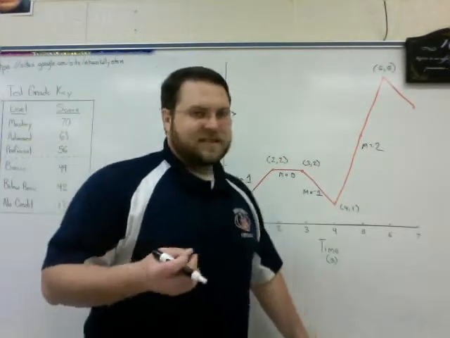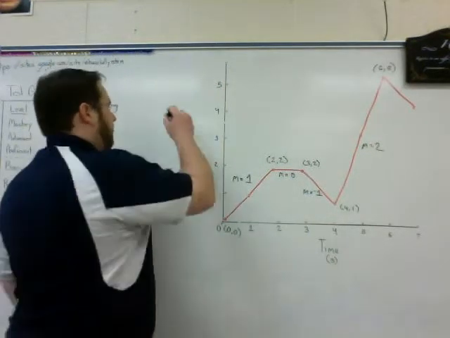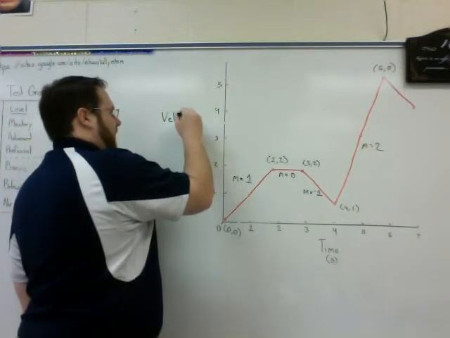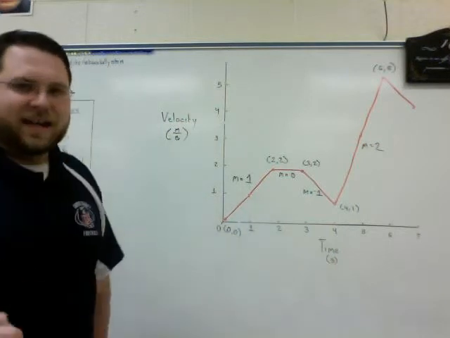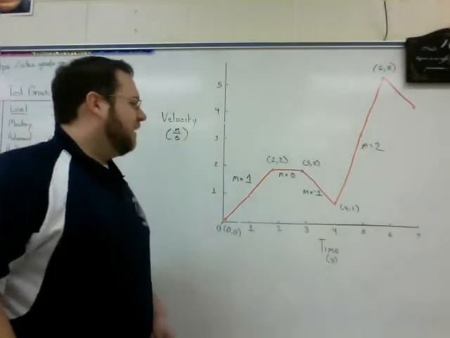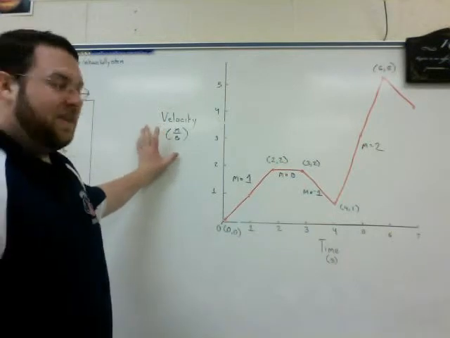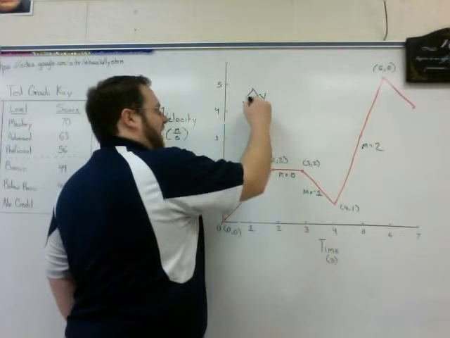We can do a similar thing if instead of measuring position, we're measuring velocity. And now notice all I've changed is what I'm measuring on the y-axis. Now I'm measuring velocity. We can use the same idea to determine what the slope of this means. It's a change in y over a change in x.